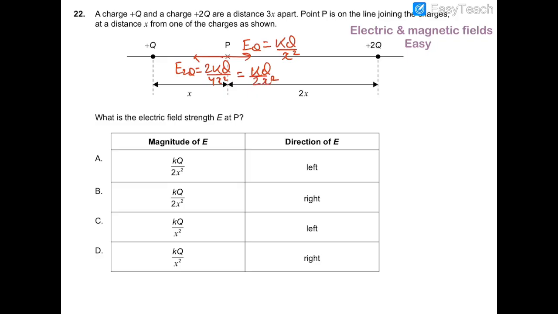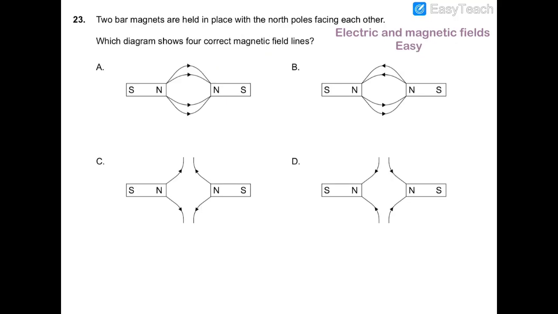So the net electric field will be this minus this. The net electric field will be towards this side because this is the bigger one. So towards the right side, and its magnitude will be kq by 2x square. So the correct answer will be B. Okay, now we move on to the next question.